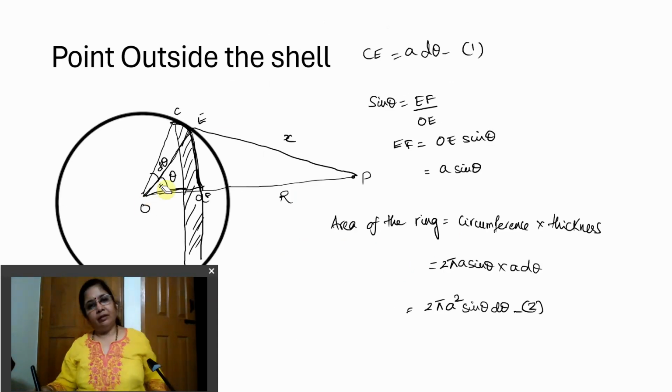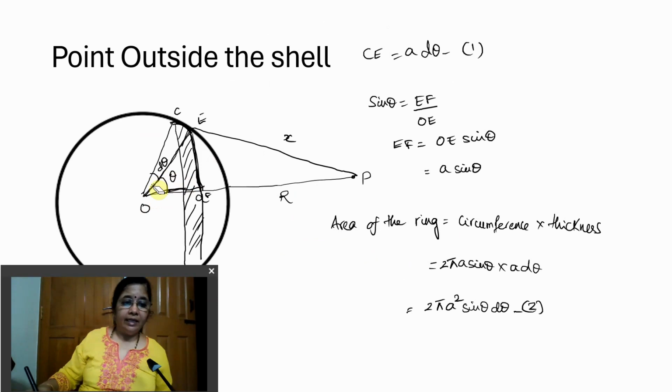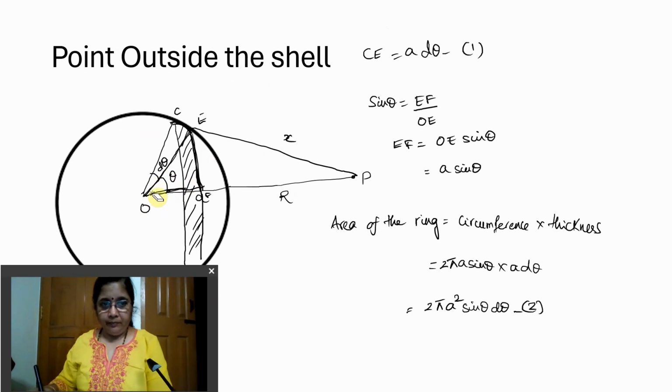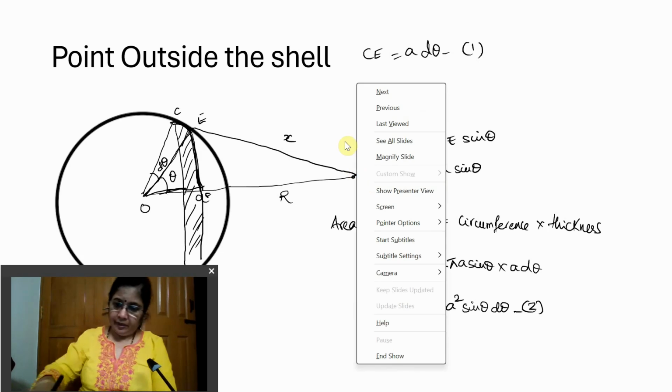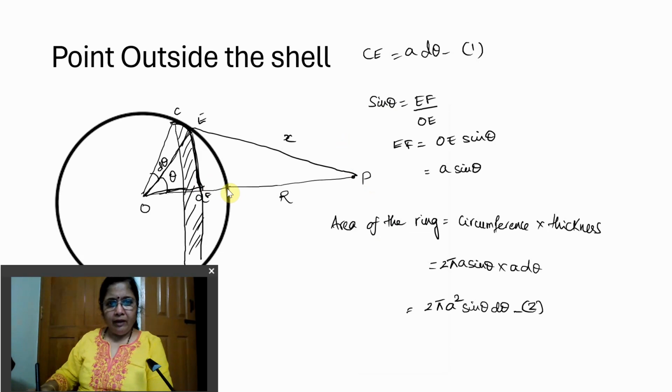Your limit for the entire shell: from here to here it is r. So you'll have to find out from this point to this point. If you take this point on the shell, from here to here the total distance is r, but you need to start only from here to here.